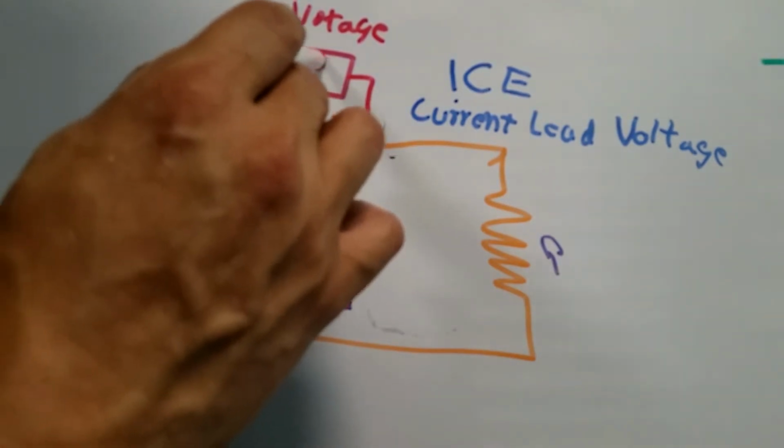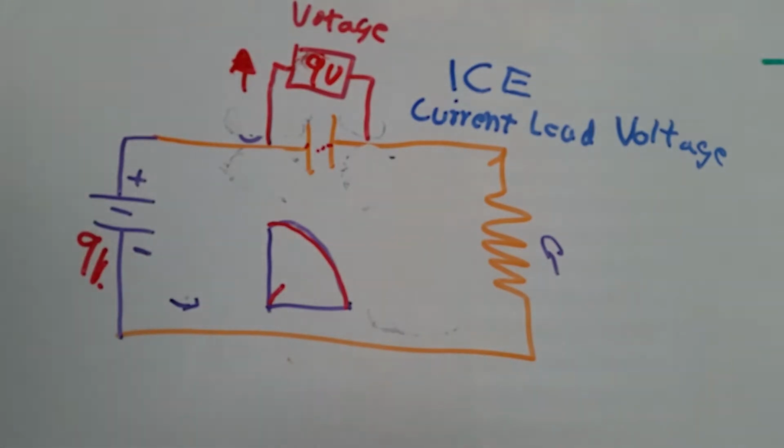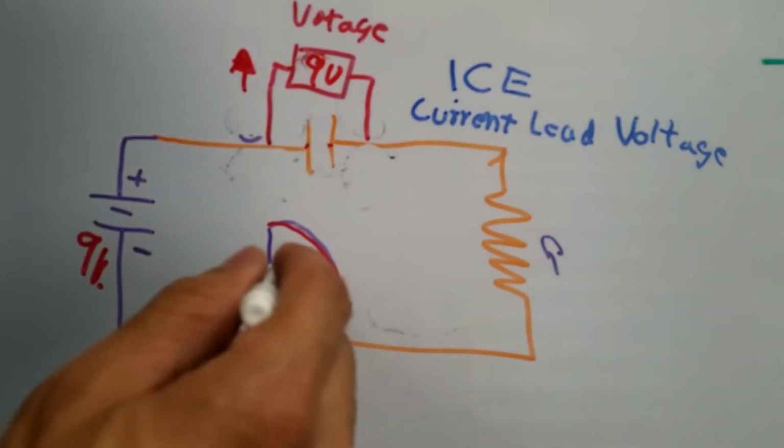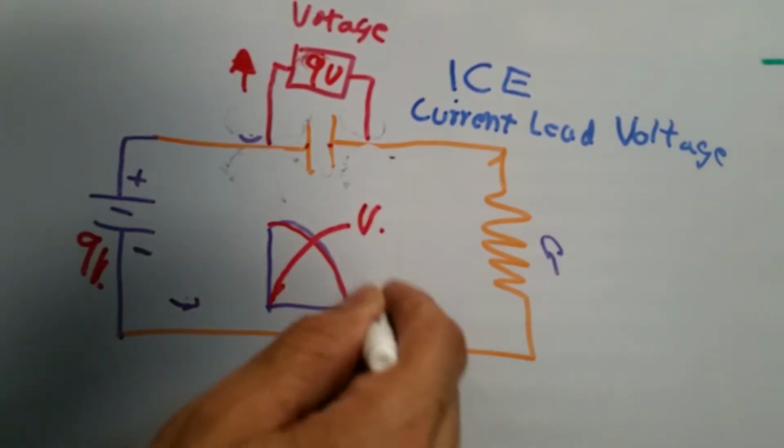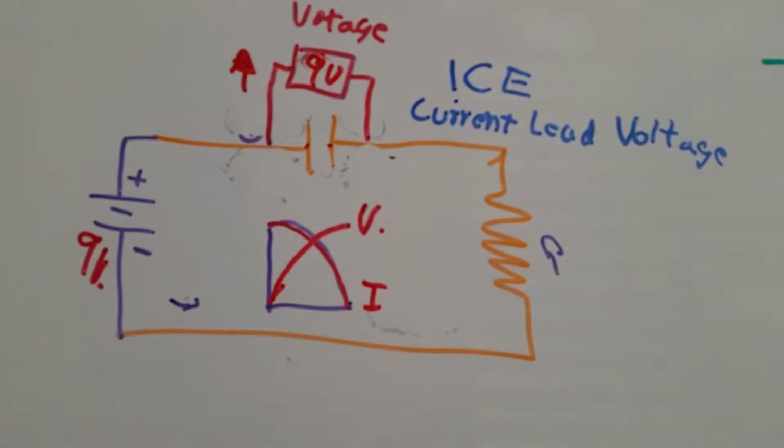So if I've got a 9-volt battery, I will end up with a full potential of 9 volts, and I'm going to draw this line. So this is my voltage, and this is my current line.